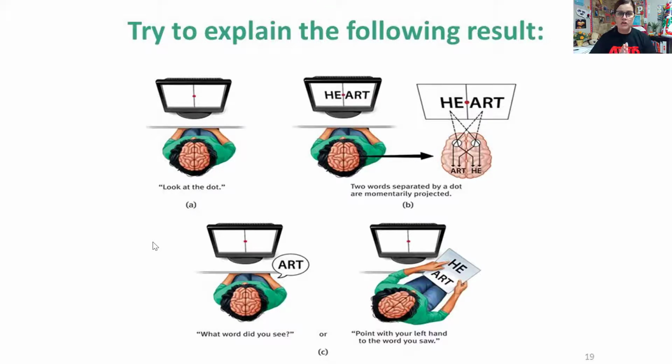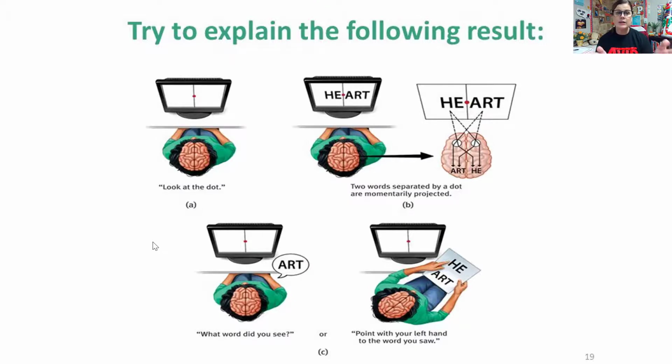And then on the screen is going to be flashed the word heart, H-E-A-R-T. But as you can see from the image, the word heart is separated. In the left field of vision, you will see H-E. And then in your right field of vision, you're going to see the letters A-R-T.